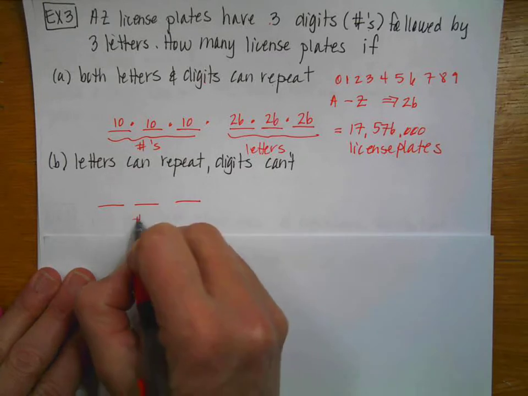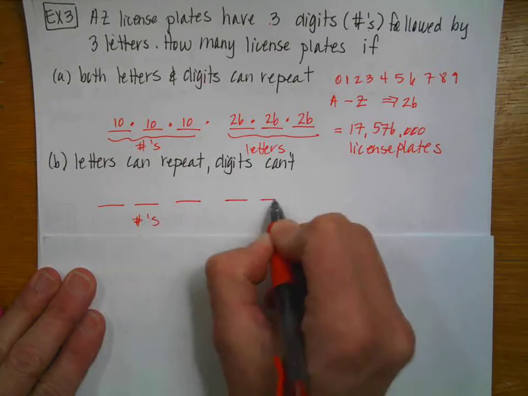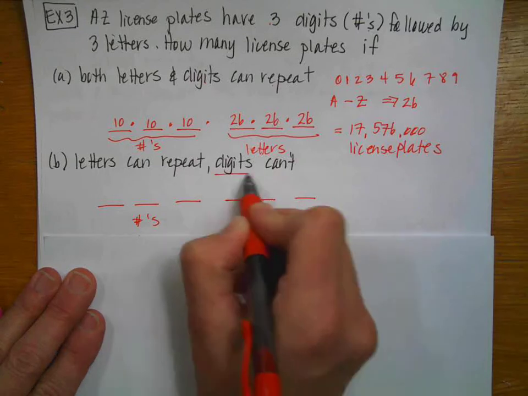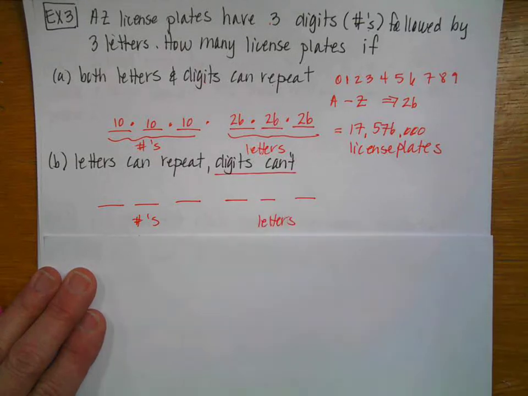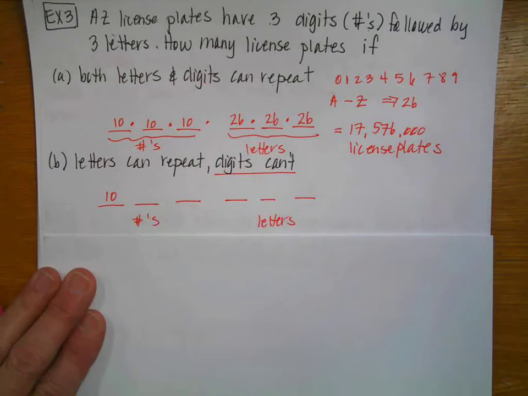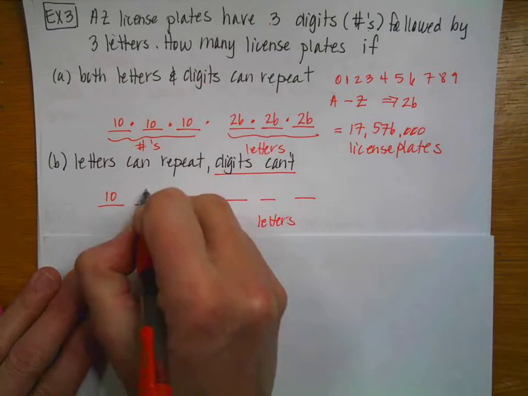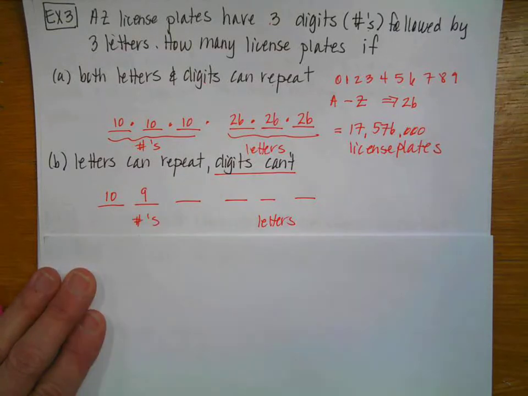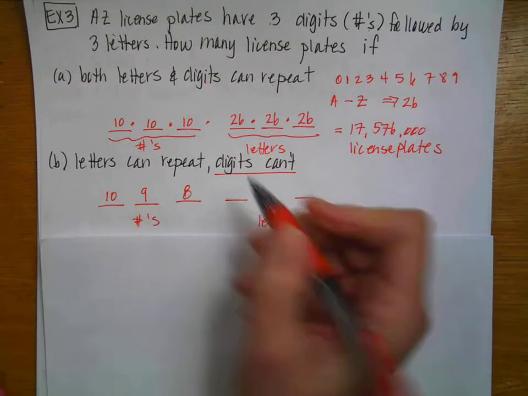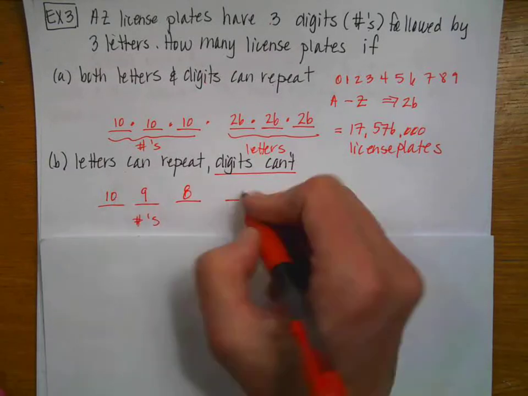So again, I'm going to draw my 3 for the numbers, and then I'm going to draw 1, 2, 3 for my letters. Okay, so let's do the digits first. It says the digits can't repeat. So that means on the first option I have a 10, but I've already used 1, so now on the second one I have a 9, and now I've used 2, so now I have an 8.